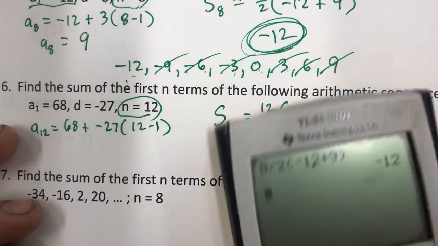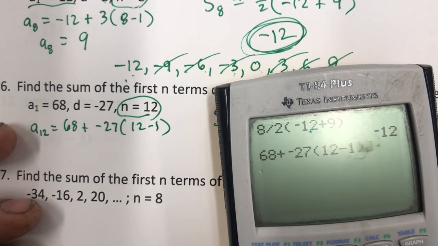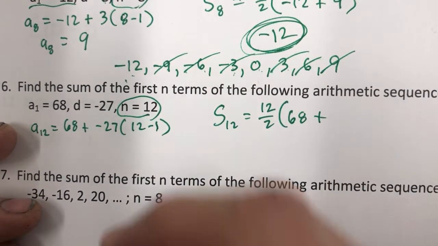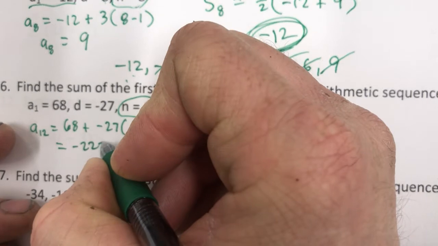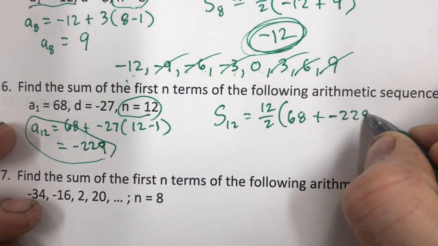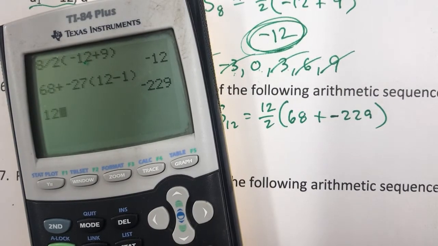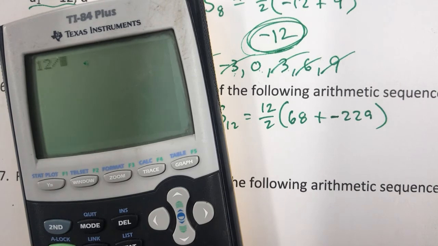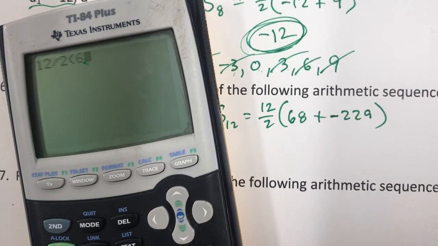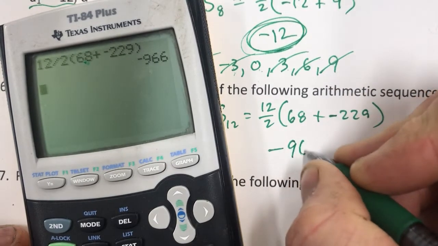Okay, I'll just type that in. 68 plus negative 27 times 12 minus 1, and that's negative 229. That's the 12th term, so that's here. And now we punch this in. 12 divided by 2 times 68 plus negative 229. Negative 966.